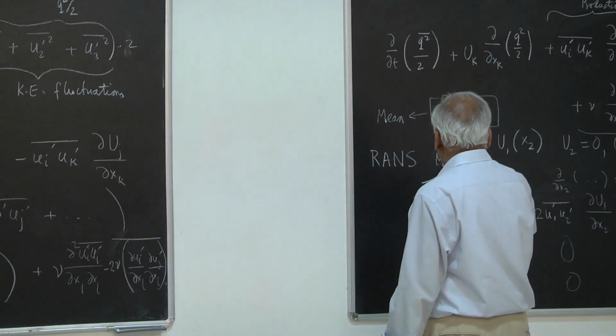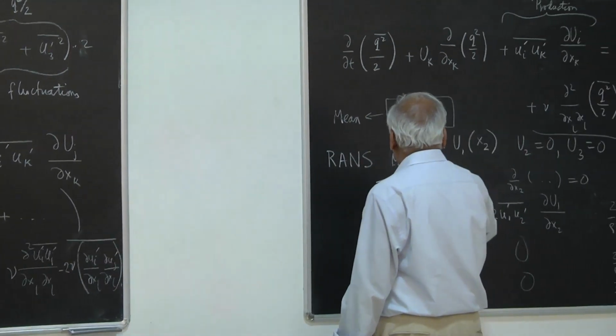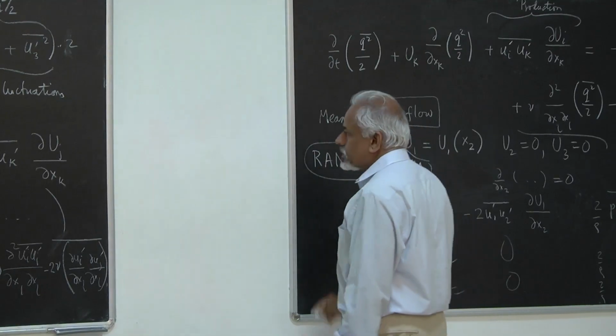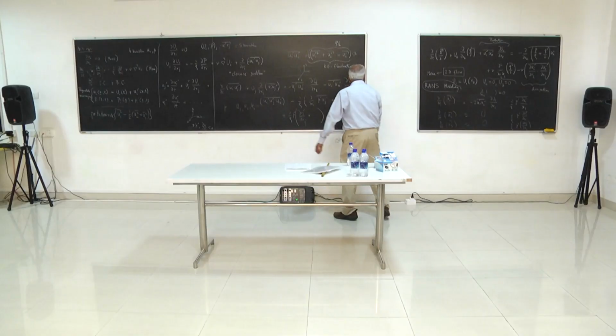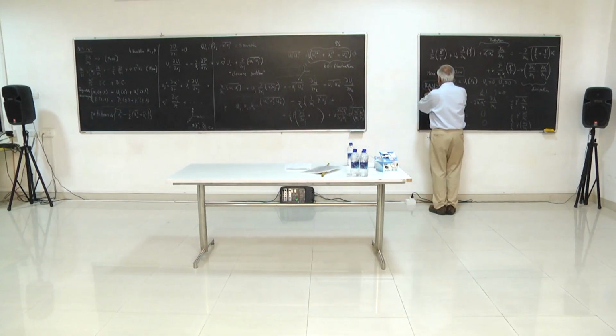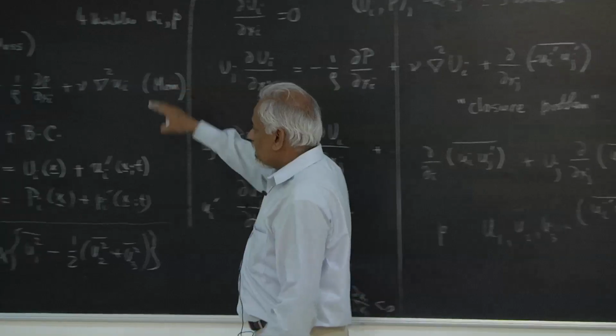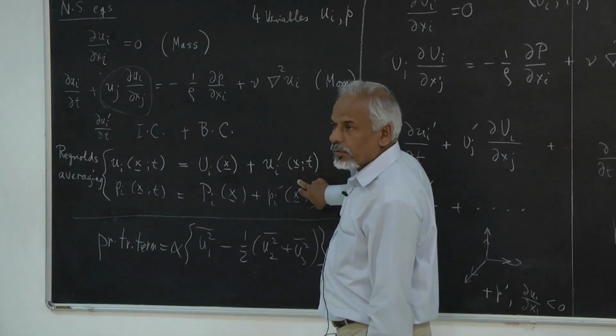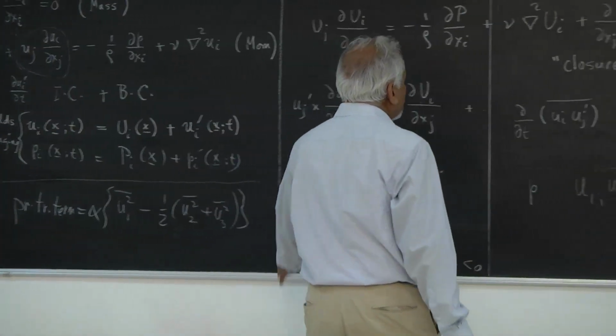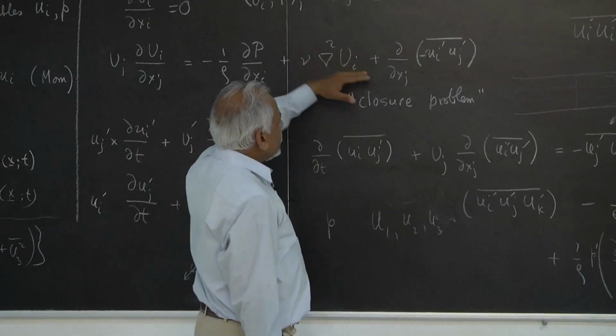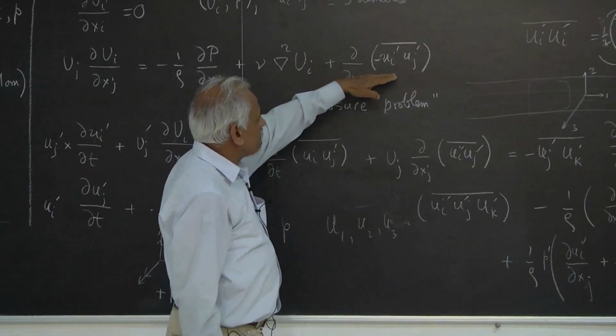RANS modeling, as they would call it. RANS means Reynolds averaged Navier-Stokes. So you have the Navier-Stokes, you have this. Reynolds averaged, because you put in the Reynolds averaging, and you get this. You can't solve at this level because of this.